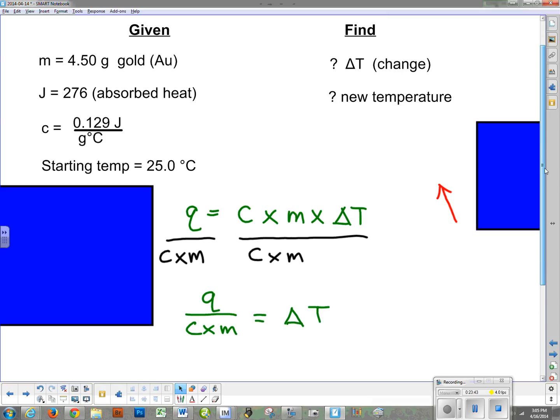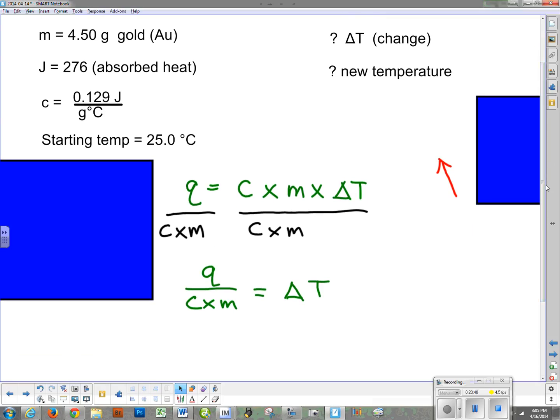So here we go. Q. What do we have for Q? What is Q? Joules. Yeah. So we're going to have 276 joules. Okay, so we have 0.129 joules.